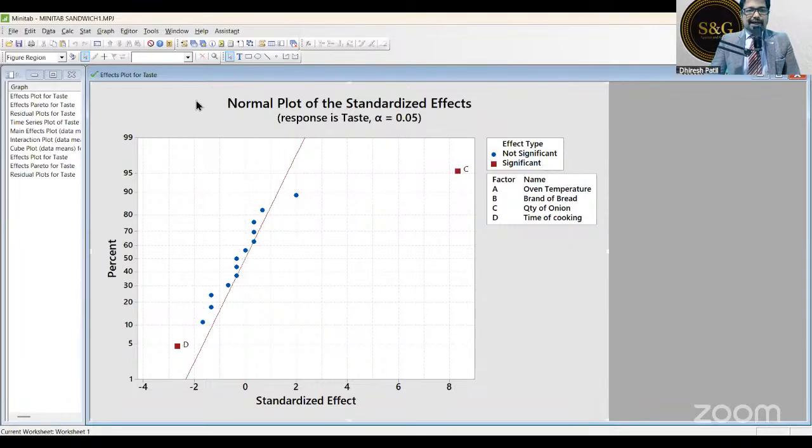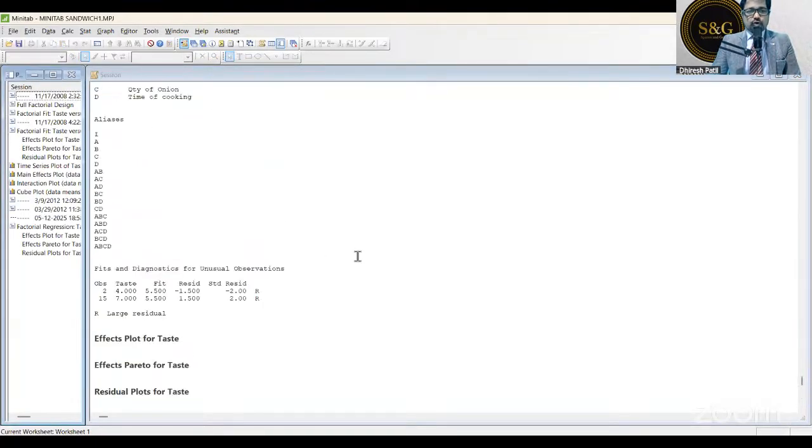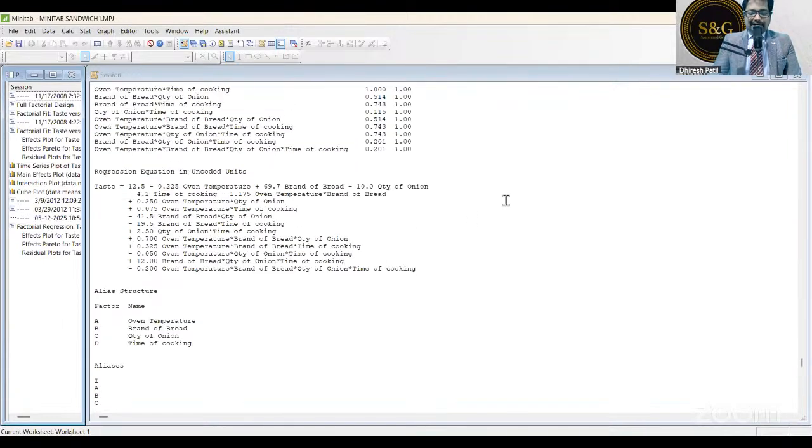Now, if I go to the sessions window, just go to the sessions window here, and scroll up. Here you will find the huge experimental equation, regression equation, right? Y is equal to A plus BX.